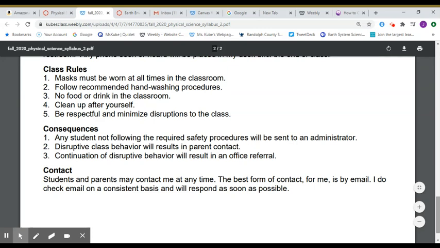Okay, so class rules. The number one concern, the primary concern, is safety, and of course health safety right now with COVID. I am an older person. You may have seen me around the school before, but because several teachers retired last year that were a year or two older than me, I am probably the oldest teacher in the building at this point, and so I'm at high risk.